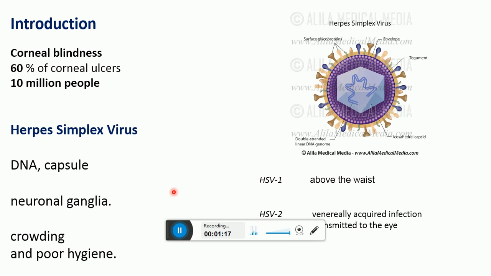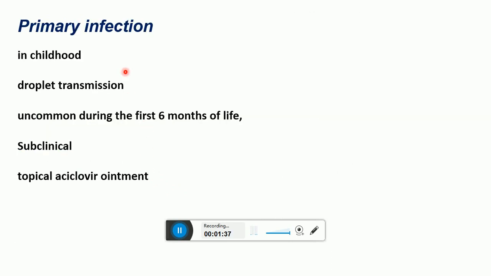HSV2 is rarely transmitted to the eye through infected secretions, either venereally or at birth. In case of neonatal conjunctivitis, HSV transmission is facilitated in conditions of crowding and poor hygiene. Primary infection without previous viral exposure usually occurs in childhood, spread by droplet transmission, less frequently by direct inoculation.